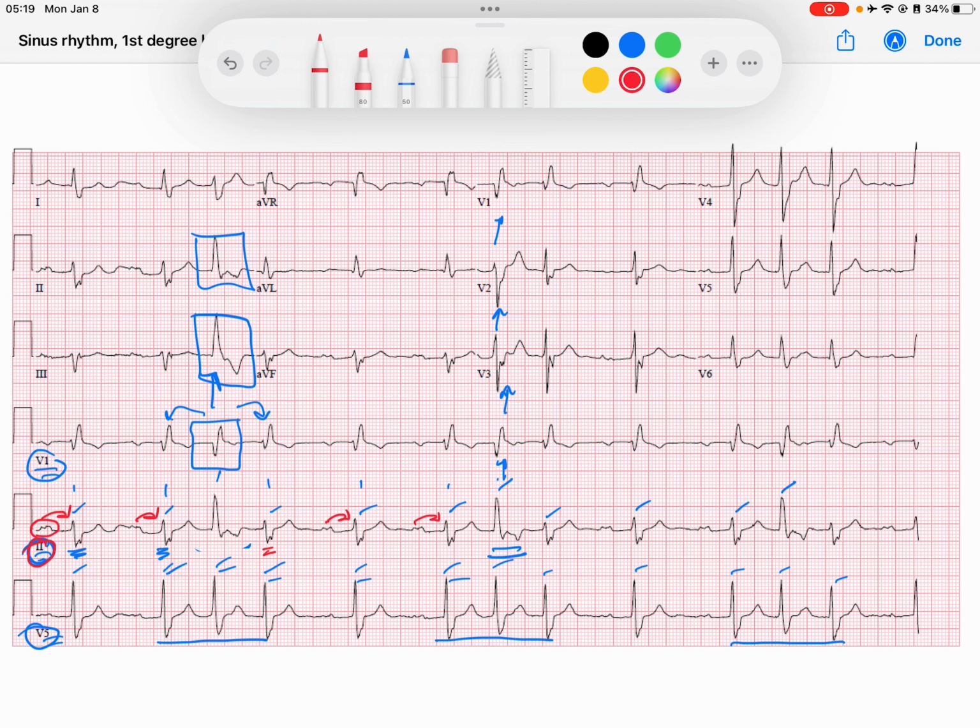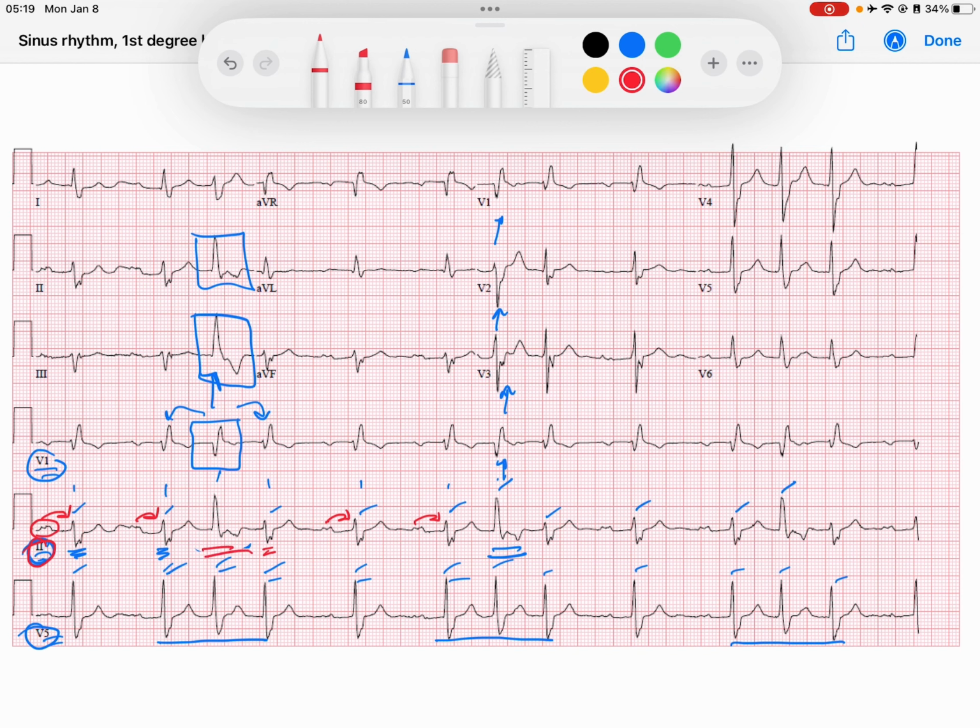Because I'm trying to figure out what's going on, I'm going to identify this early beat. This is obviously a premature beat. It is a wide, complex QRS, and in front of it I don't see any P waves.